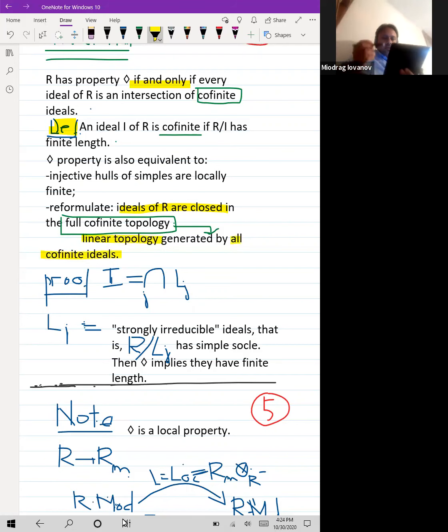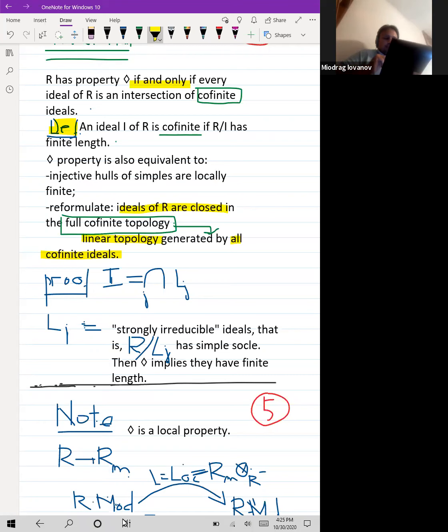That means you declare all these cofinite ideals to be open. You generate a linear topology by saying, translations, you multiply an ideal or add an element to it, and that's a coset. Those are open sets. And then everything that you can get by unions of these are going to be open, just like a regular algebraic type of topology. So this is called a full cofinite topology.